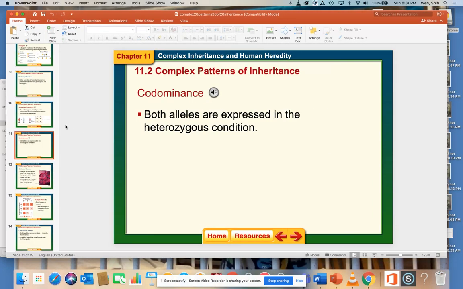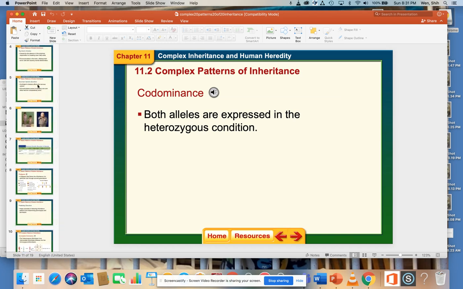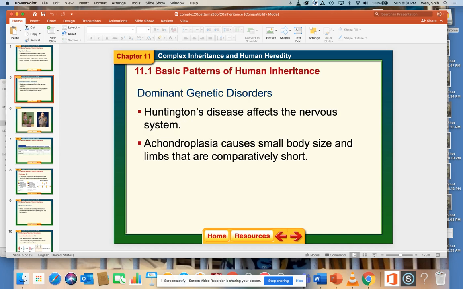Now, the complex patterns of inheritance slide that you want to look at today starts at slide number 5, your dominant genetic disorders. There are two that we're going to be focusing on today, and that's Huntington's disease and achondroplasia. For any dominant genetic disorder, you have to remember it only requires one copy.